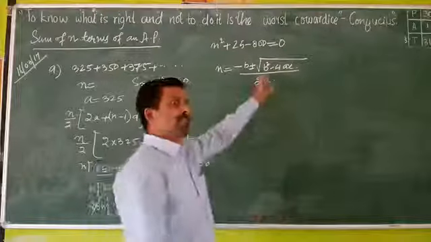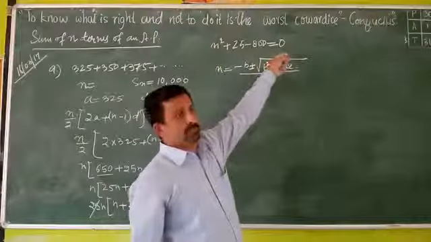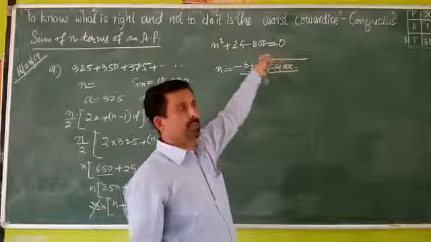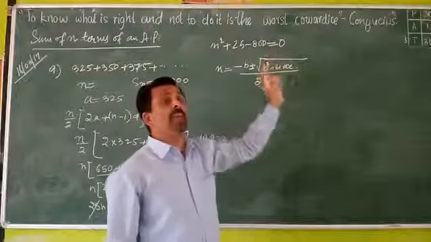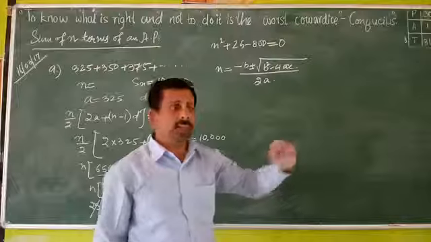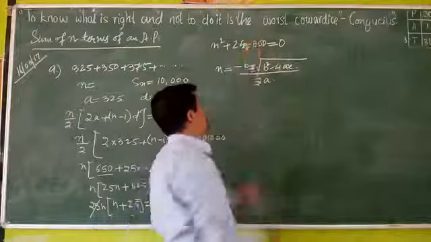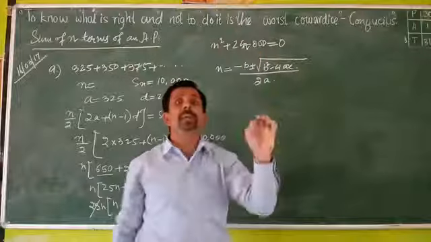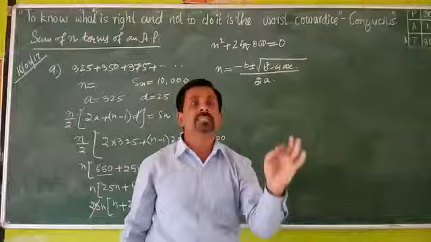Now first of all, I will explain you this formula. Go back to this equation. The coefficient of n square is said to be a. The coefficient of n is said to be b, and the constant is said to be c.